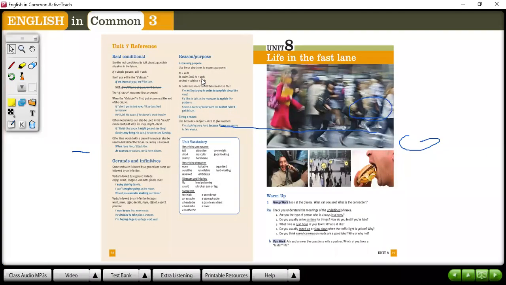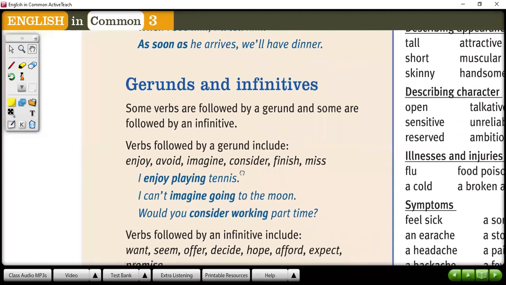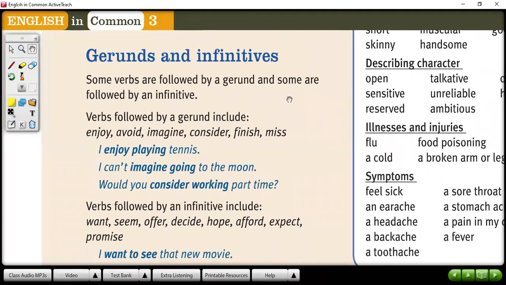And here you can see some other extra, give me a moment. Gerunds, it's here, and it says gerunds and infinitive. Okay, and it says some verbs are followed by gerund and some are followed by infinitive.